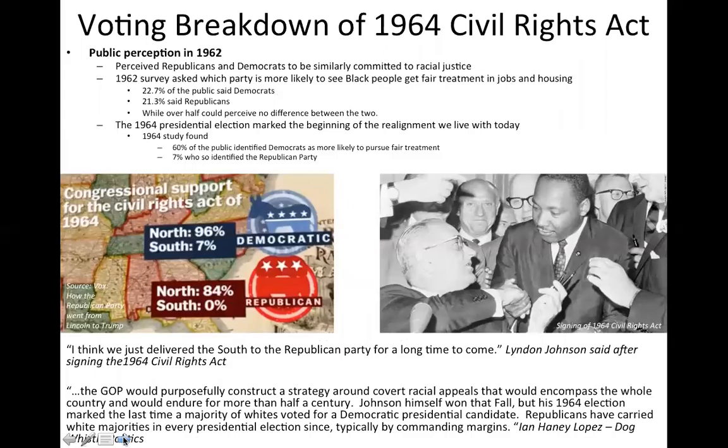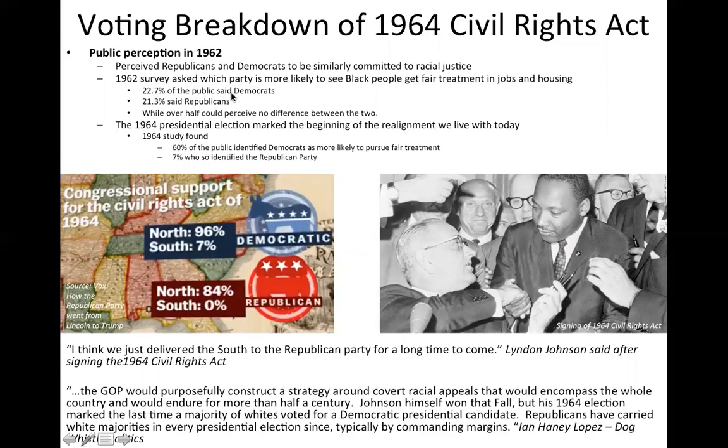So again, the video talks about the voting breakdown at the time. For Democrats and Republicans, it was mainly a North and South thing. The North was for it, in both parties, and the South was against it, in both parties. There were polls in '62 and '60 that asked whether people thought Democrats or Republicans treated Black people better, and there really wasn't a whole lot of opinion on this before this Civil Rights Bill.